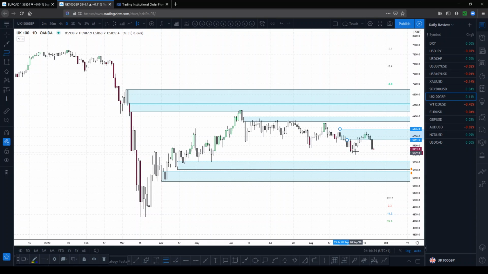So I know some of you may be looking at that, but it wouldn't qualify as demand for us, given what we've been talking about, especially with the move away. I know some of you are looking at the end of the downside momentum, and you would be correct, but I want you to also think about the pattern that other traders are looking at.